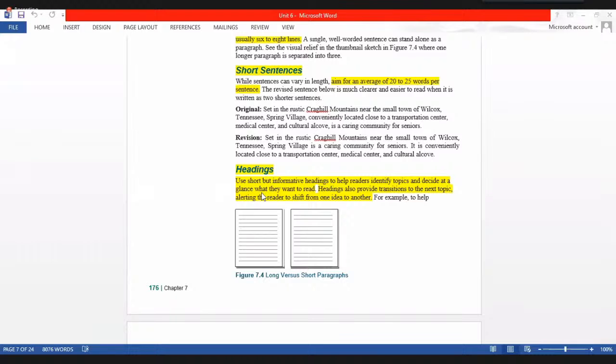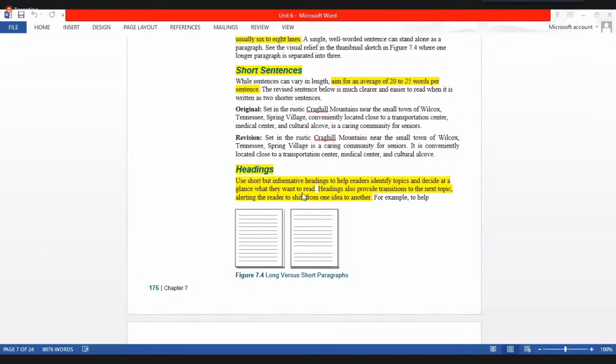Another, you have headings. Use short but informative headings. Whatever headings you are going to use, that must be short and specific, and that must be informative. That can give lots of information to the readers. Informative headings help readers identify topics and decide at a glance what they want to read, right?